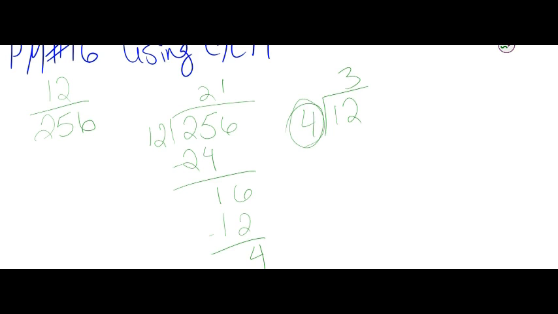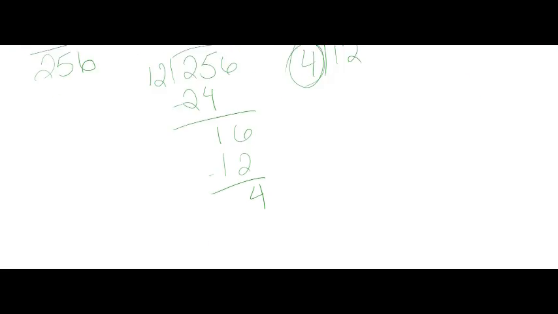All right, so we're going to come down here. So we have 256. We know that our greatest common factor is 4, divided by 4, divided by 4. This is going to give us 3.